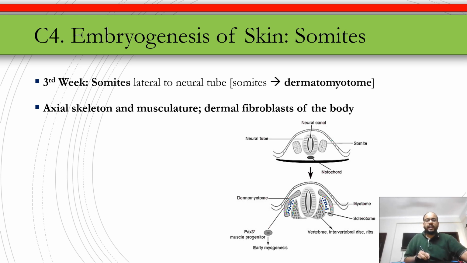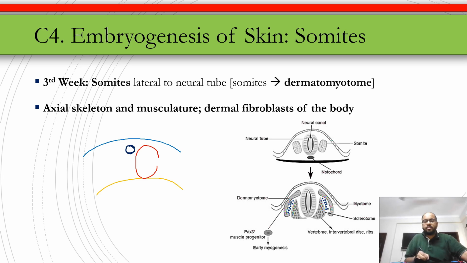Somites. So what actually happens is you have the, let me just change the color. You have the ectoderm, you have the endoderm, you have the neural tube, then you have what is known as a somite.